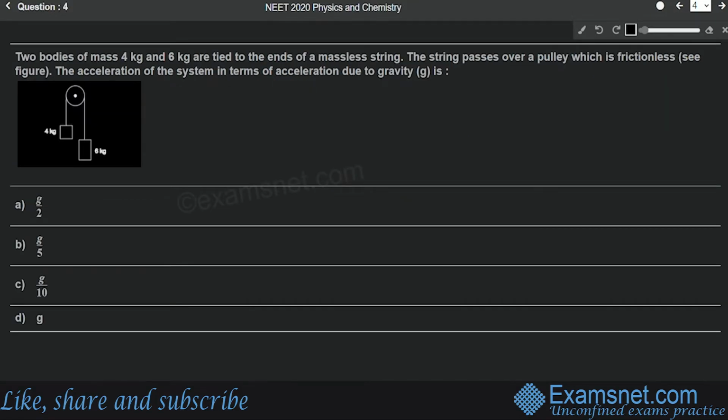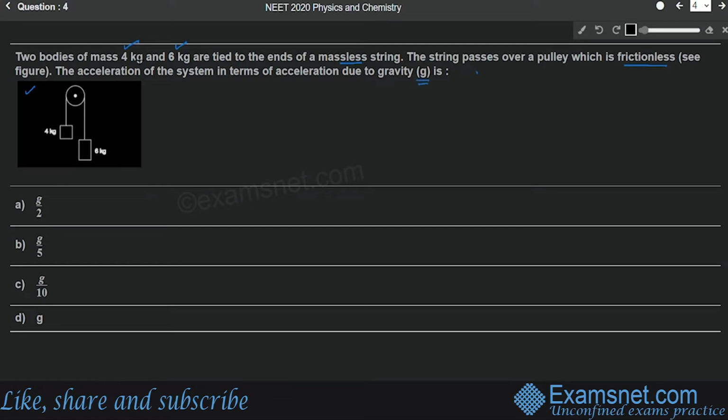Now question number 4 is from the chapter Laws of Motion, and the question is: two bodies of mass 4 kg and 6 kg are tied to the ends of a massless string. The string passes over a pulley which is frictionless. The figure is given here and it is asked that the acceleration of the system in terms of acceleration due to gravity is.